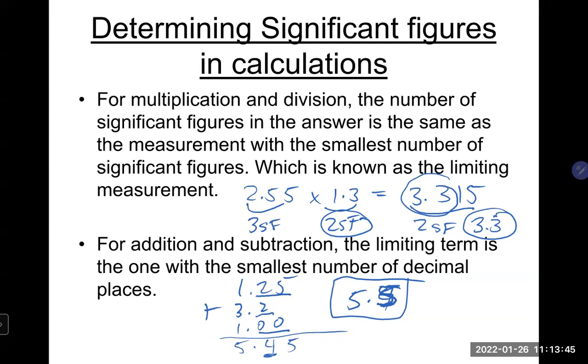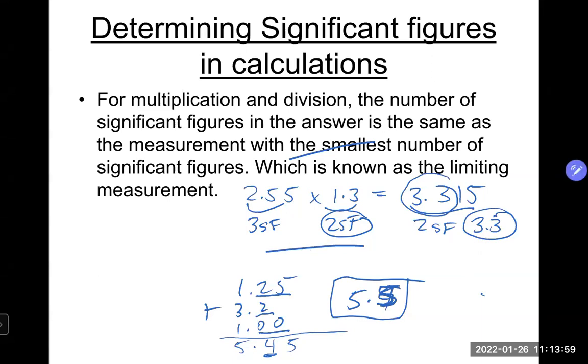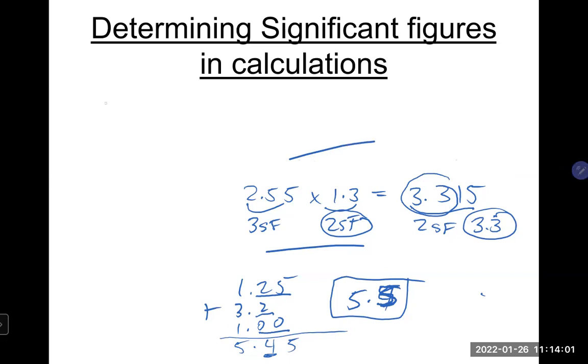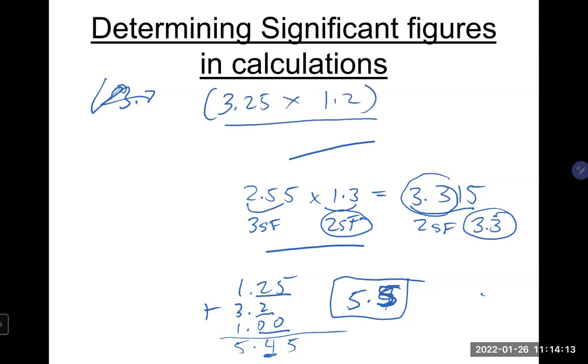Now, what happens if we have a lot of stuff going on, like we're combining things? So let's say we had 3.25 times 1.2 divided by 4,444.